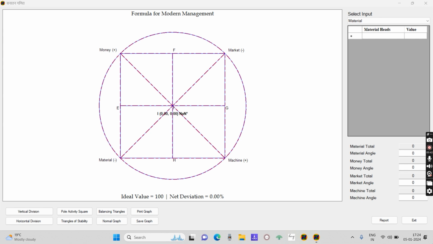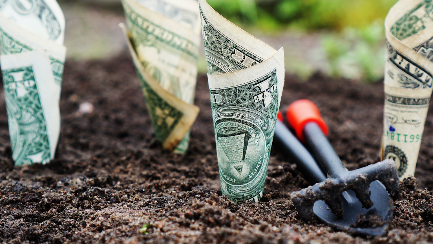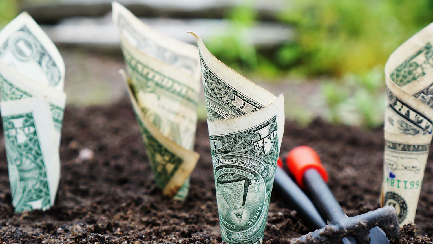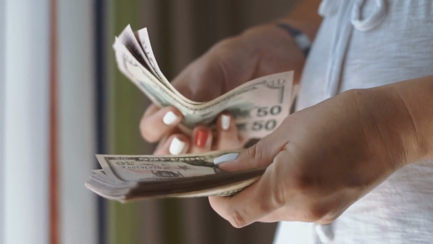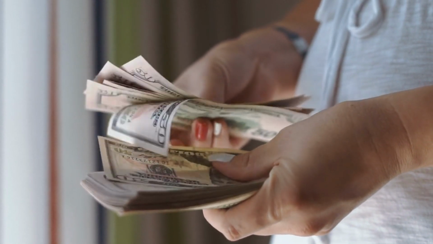The fourth M is money. Money is to be collected, and money can be put to some use as an investment. When we talk about arranging the money, it requires share capital.